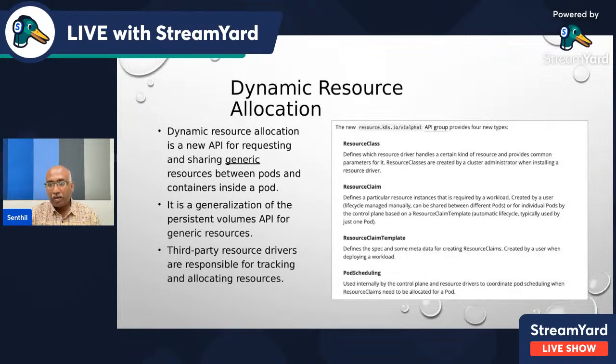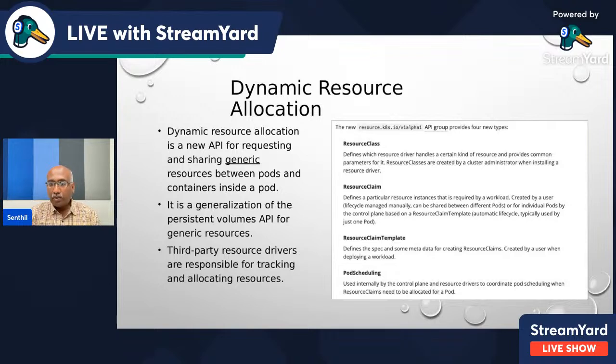So if you are familiar with the persistent volumes API, like storage class, persistent volume claims, these APIs have existed in Kubernetes for a very long time for managing stateful applications, for allocating volumes of various different kinds, right?